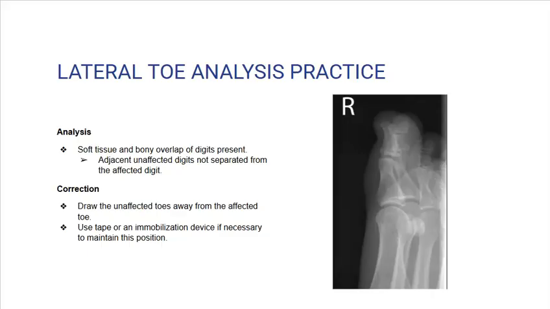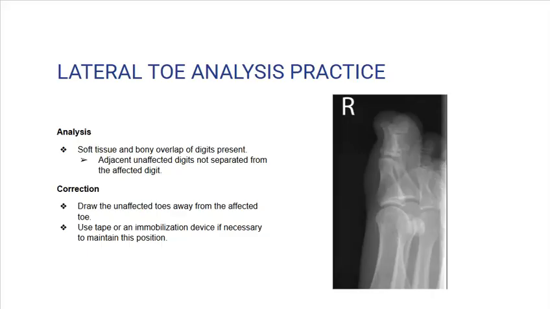Let's conduct this practice analysis together. First, we want to hone in on our anatomic relationships and look at the proximal phalanx condyles. It is a little difficult to see because of the adjacent digit overlap, which is an issue here that we will address. However, the condyles are superimposed.